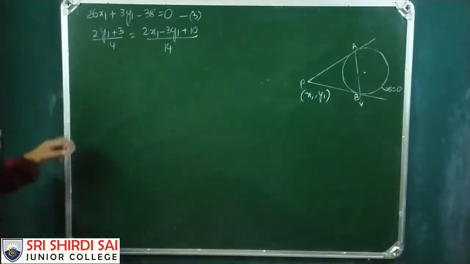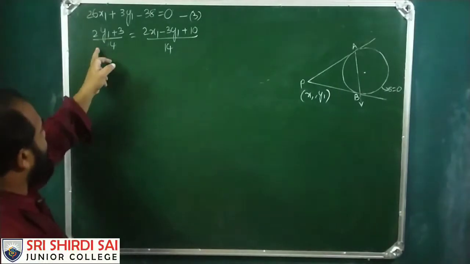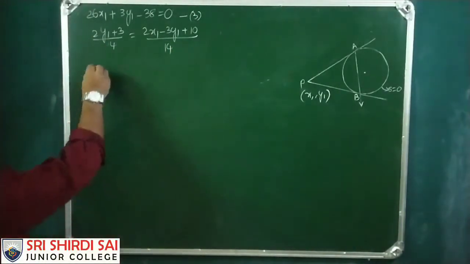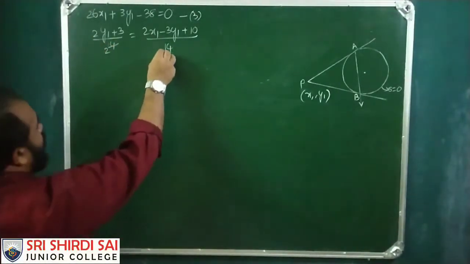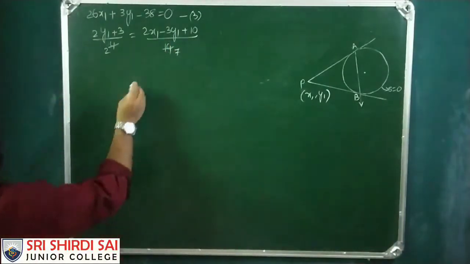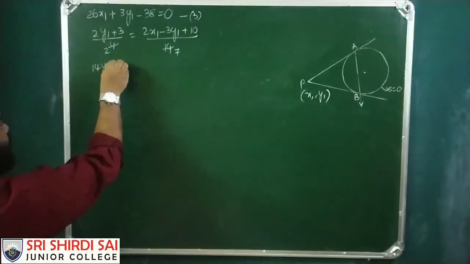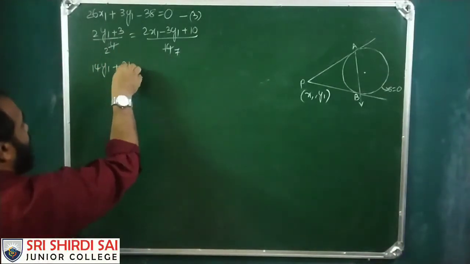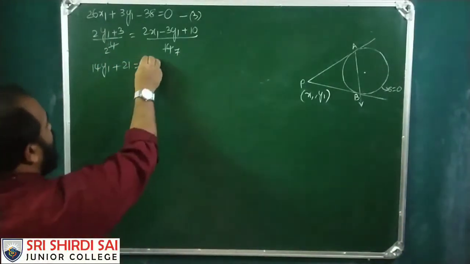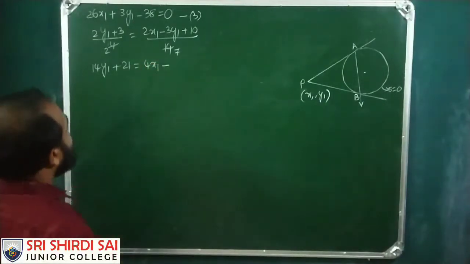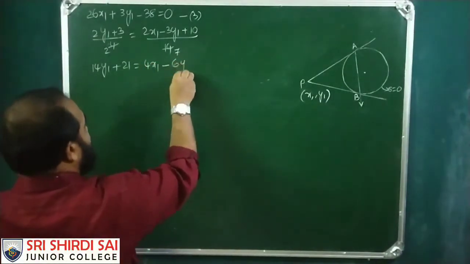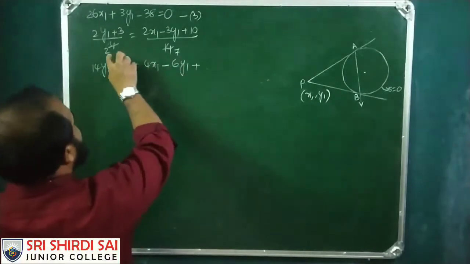Similarly, this and this if you compare, then 2 2s are 4, 2 7s are 14. So cross multiply, 7 2s are 14y1 plus 7 3s are 21. So 2 into 2x1 is 4x1 minus 2 3s are 6y1 plus 2 10s are 20.